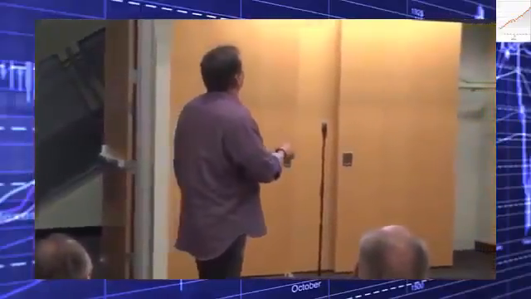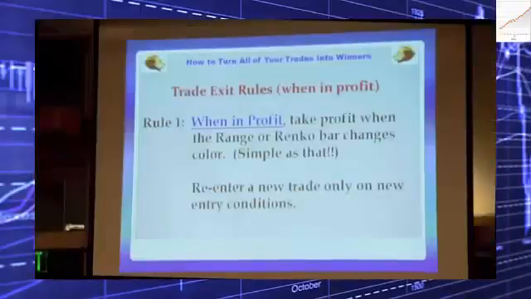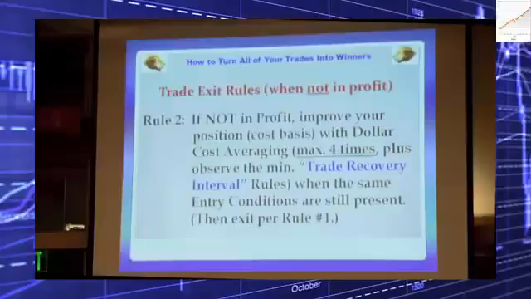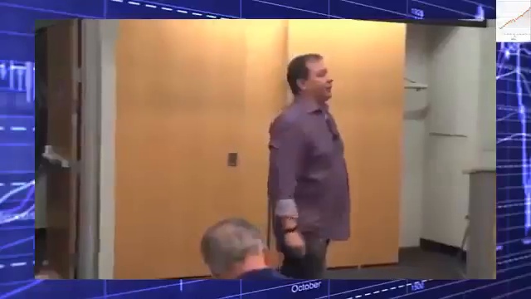Guess what? Rule number 1. When in profit, range or Renko bar changes color, take profit. So after you've improved your position, provided that the entry conditions are still present, when the bar changes color, you take profit on the entire position and repeat the process.